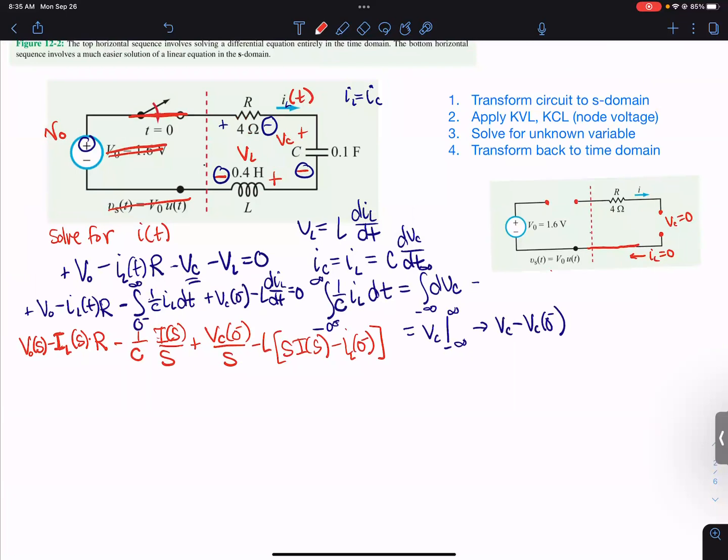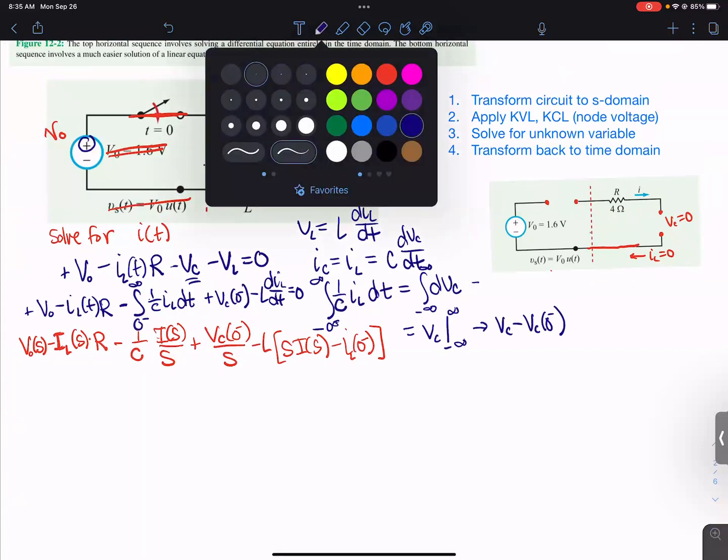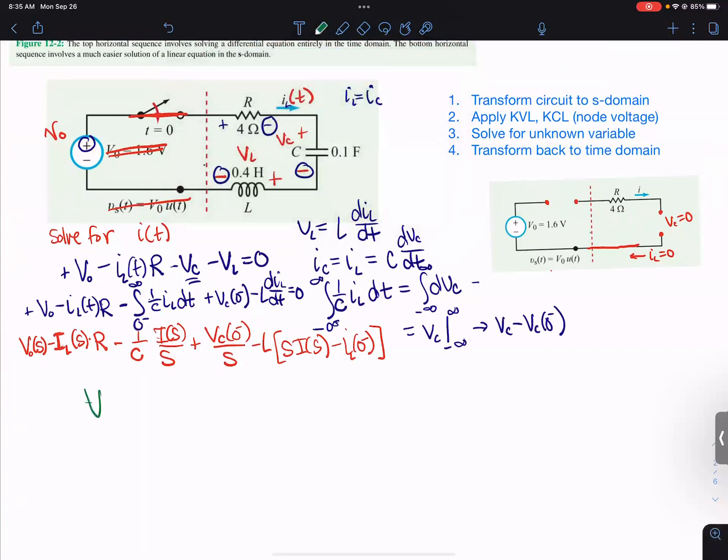And so this reduces down to, I'm going to remove the S portion. So just a capital V naught. And then this becomes 0.